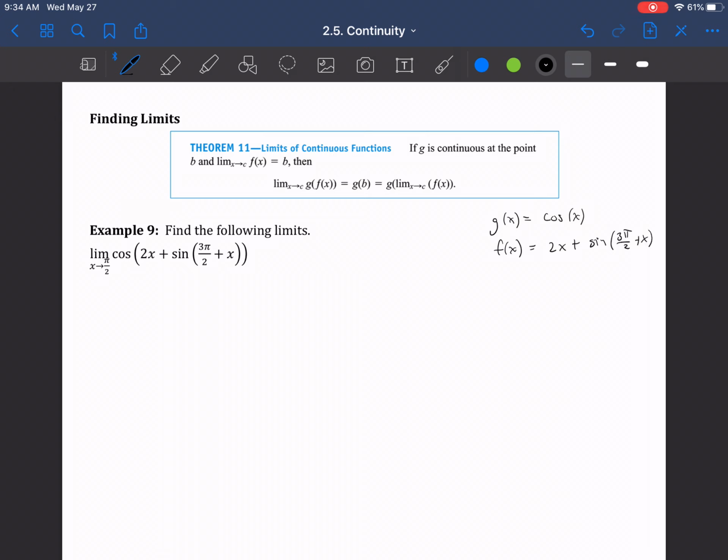Okay, and so this is a composite function, which means since it's a composite function and it's continuous at the point b, which is what the limit of the inner function is, we can simply rewrite this. Hold on, we want this to have the limit on the inside. We can rewrite this in this manner right here, right?